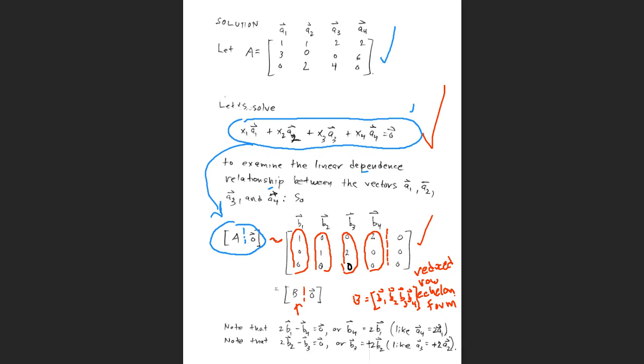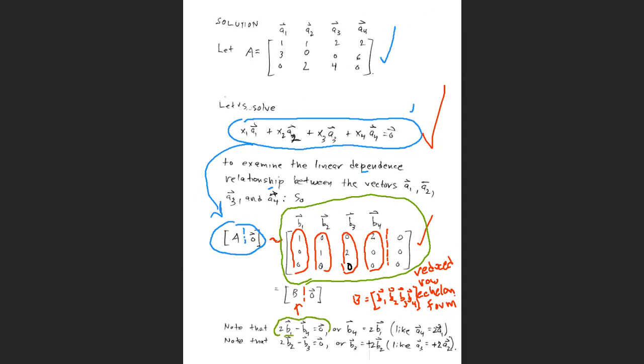And if we focus on this augmented matrix here, maybe I'll use green here. If we focus right here, note that if you take 2 times the vector b1 and subtract the vector b4, that's the 0 vector.